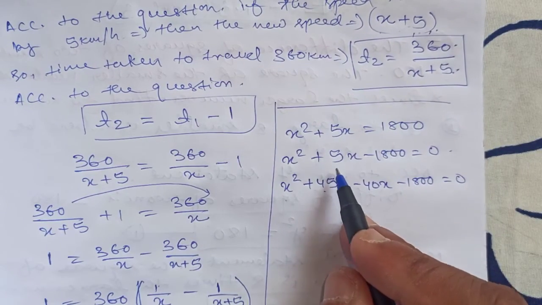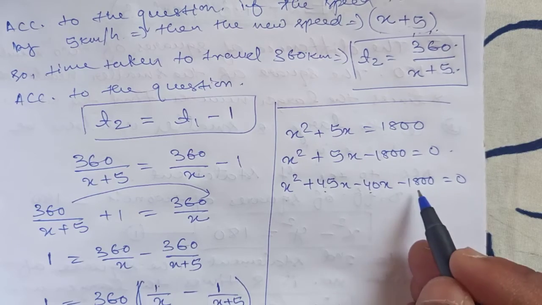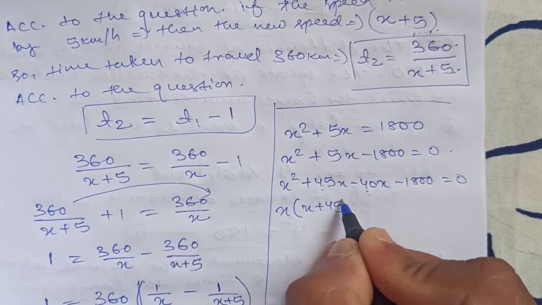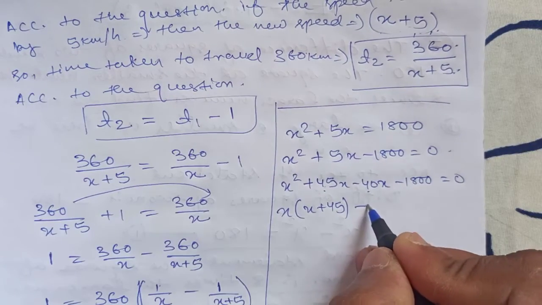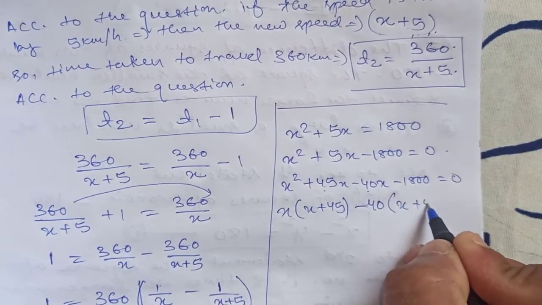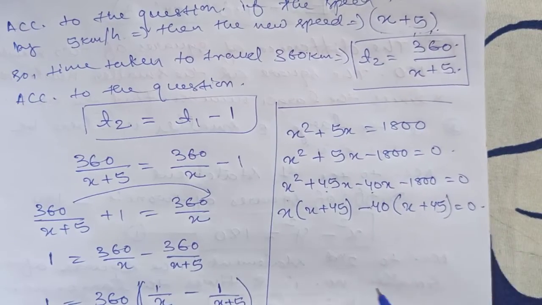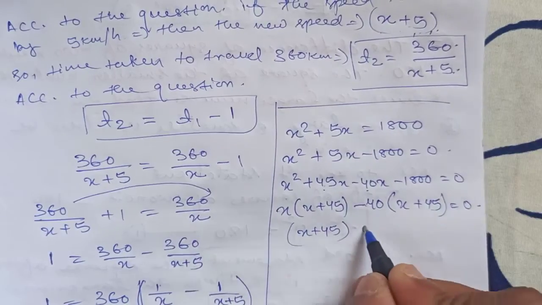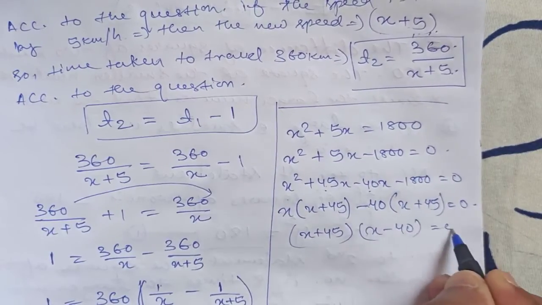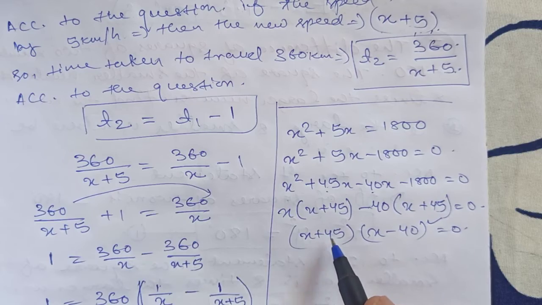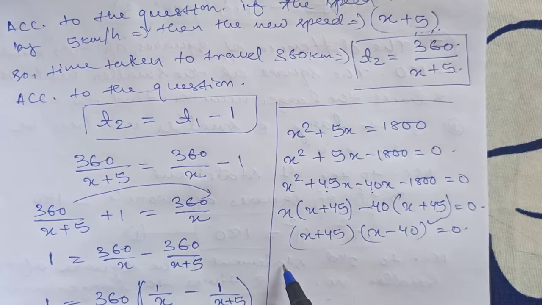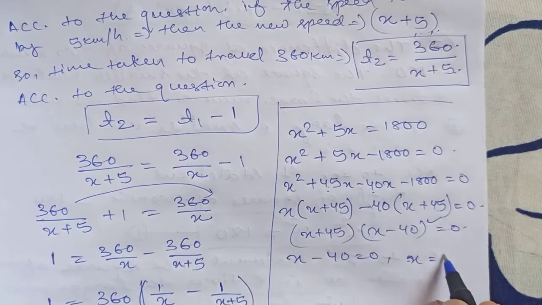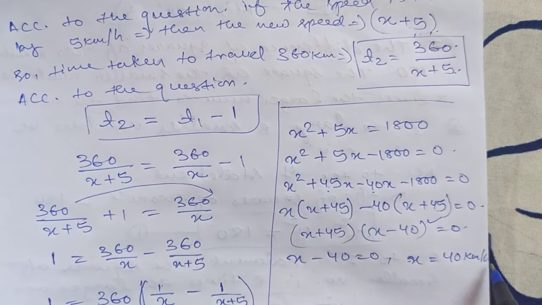45 minus 40 is 5 and 45 into 40 is 1800. Take out x common, we get x plus 45, minus take out 40 common, x plus 45, equals 0. Now write these together, x plus 45 times x minus 40 equals 0. Because negative speeds we never take, x minus 40 equals 0, that is x equals 40 km per hour.